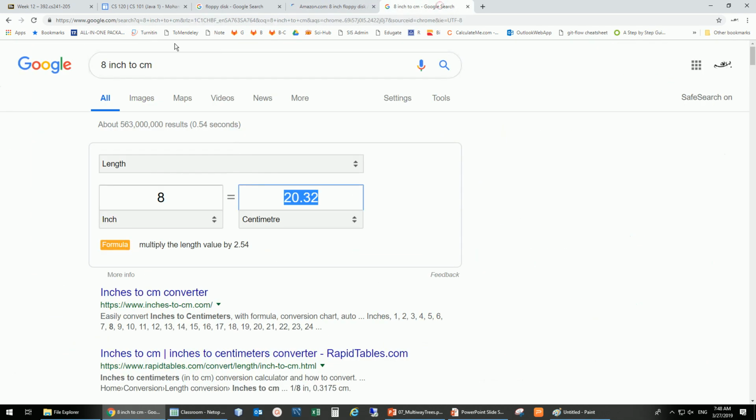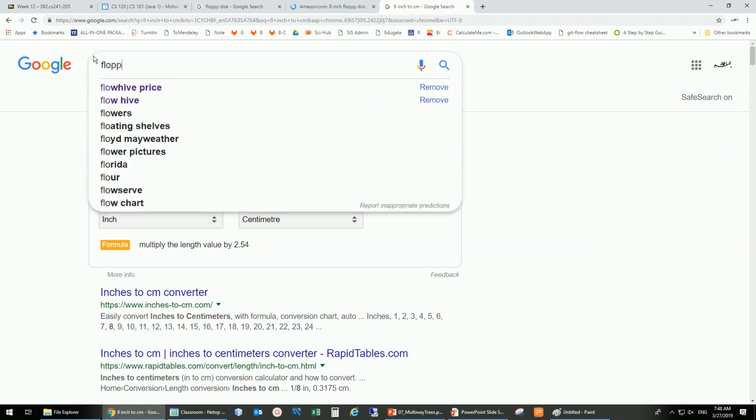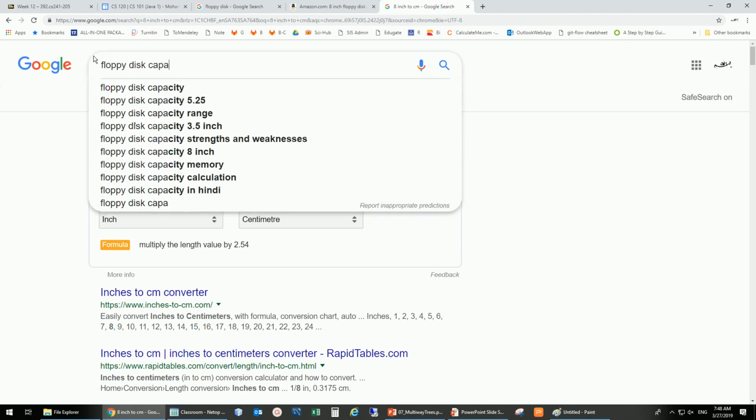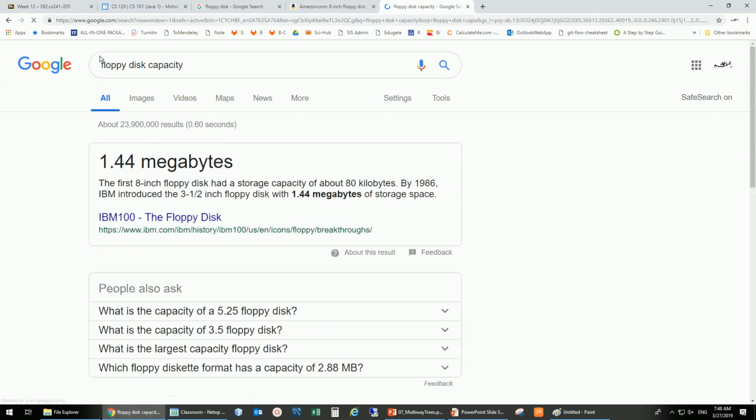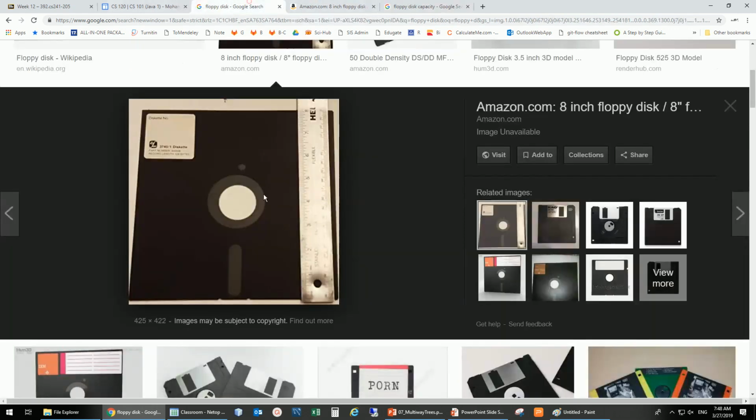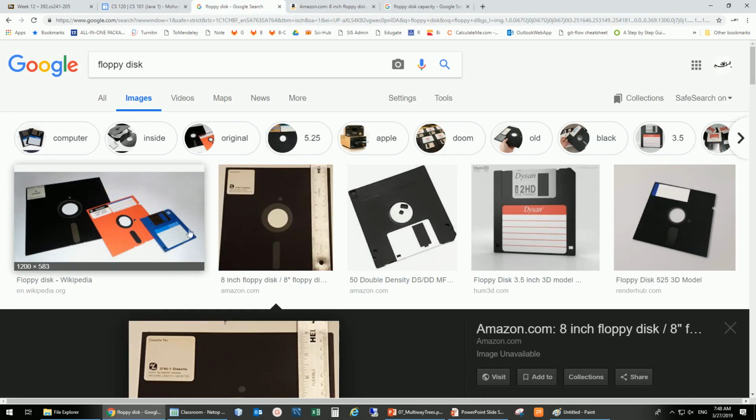Okay, floppy disk capacity. Now this is 1.44 megabytes. These are the smallest ones. This was the new technology. You could have almost a megabyte and a half stored in these smaller floppy disks, and a lot of storage.